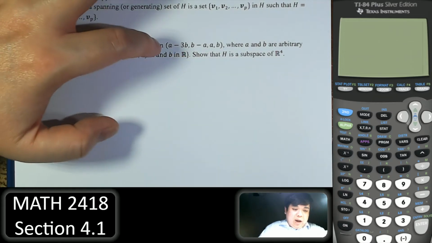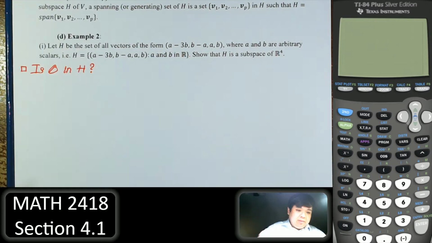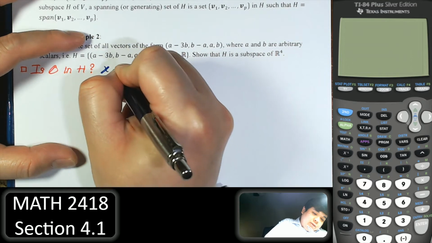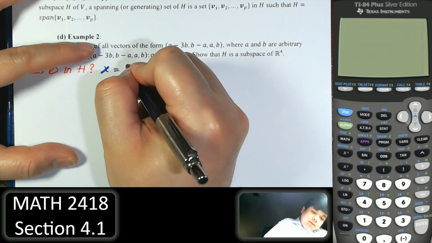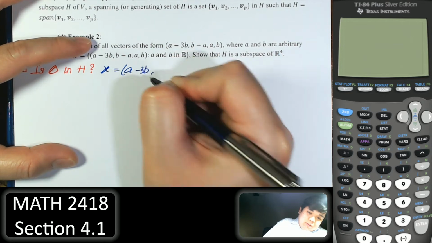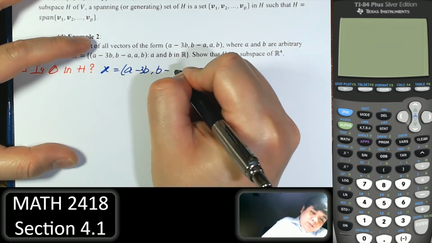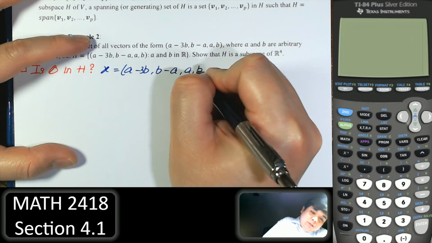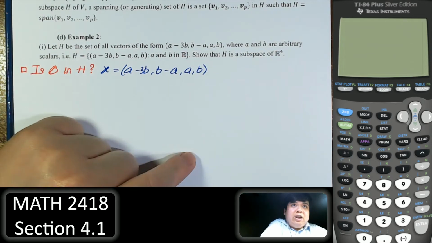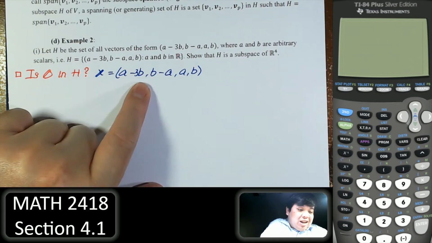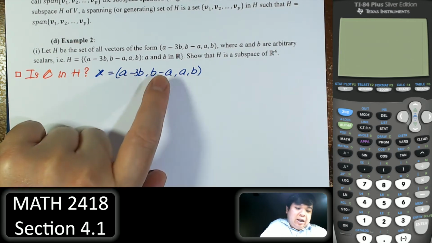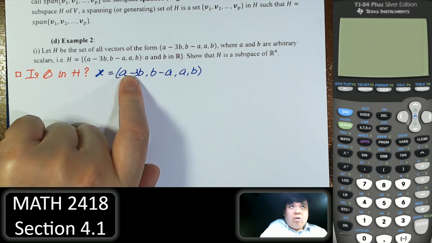Right. Now we write a vector that is an element of H, written in this form. Now, can we make this equal to 0? And the answer is yes. If we choose a and b to be 0, then that is 0 and that is 0, right?